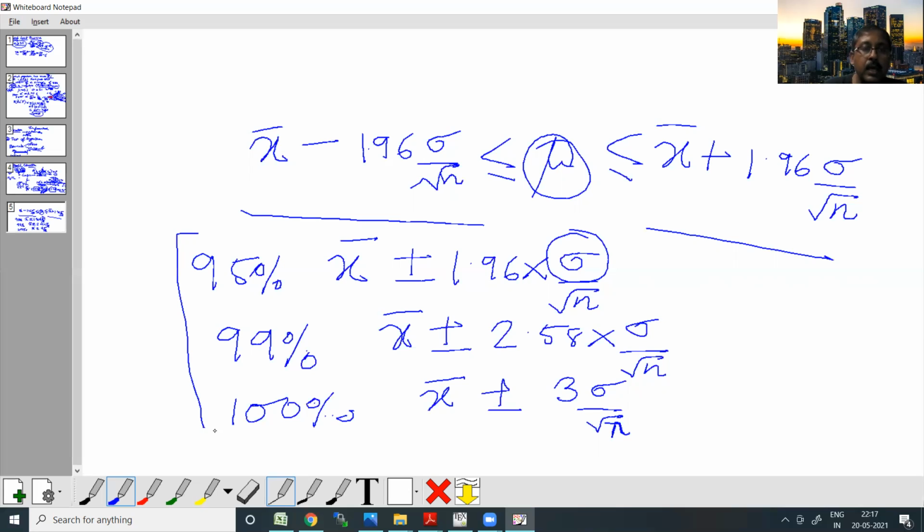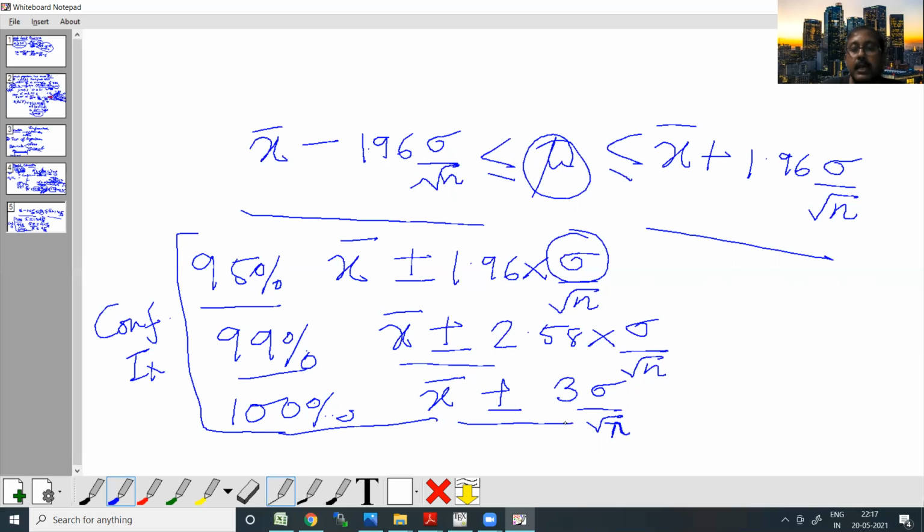So when we talk about the confidence intervals: the 95% confidence interval for mu is x bar plus minus 1.96 into sigma divided by root over n, the 99% confidence interval is x bar plus minus 2.58 into sigma by root over n, and the 100% is basically x bar plus minus 3 sigma divided by root over n.